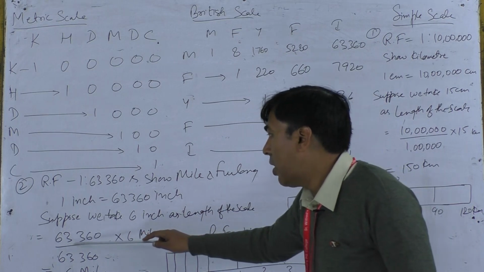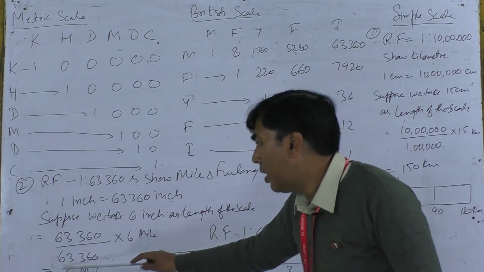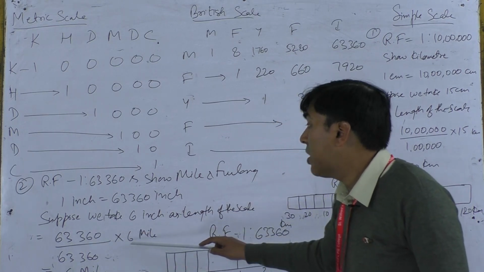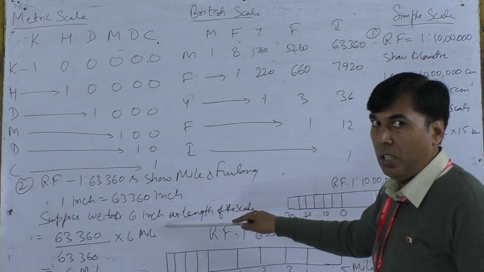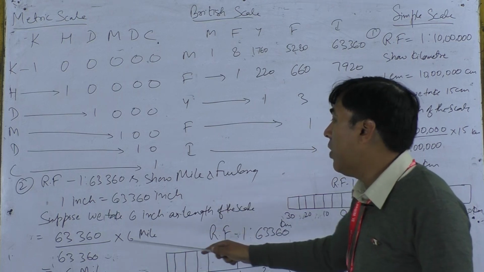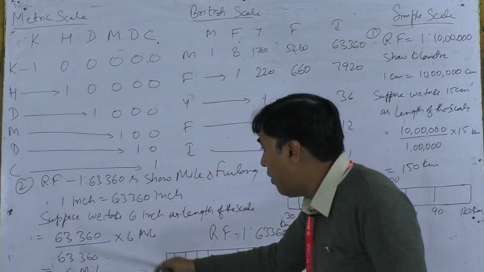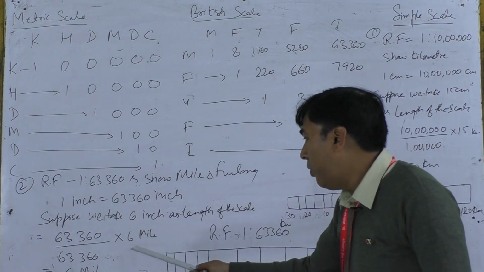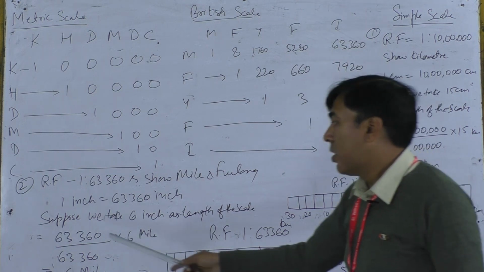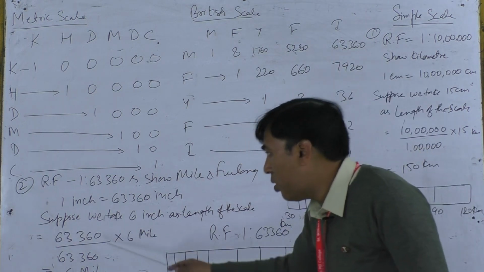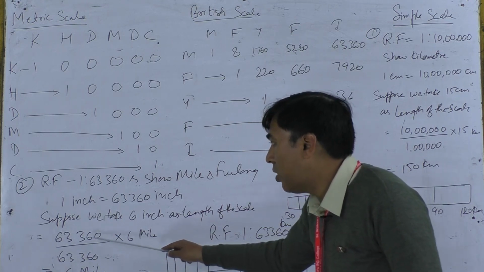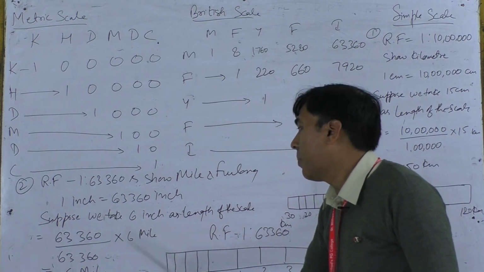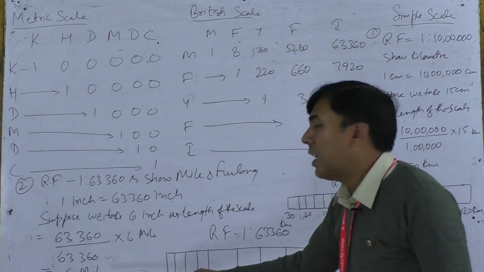Okay, so 63,360 divided by 63,360 into 6. What is 6? This one, 6 inches. And we are converting into miles, so that's why we wrote mile here. Now simplified, 63,360 divided by 63,360 means 1, and 1 into 6 is 6. So it means 6 mile.